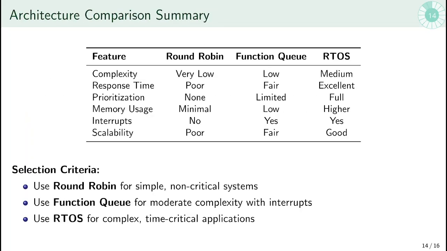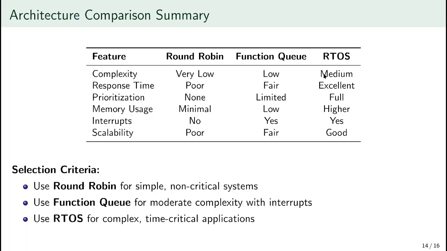So here is a comparison of architectures. Round robin is simple, low memory, slow response. In case of function queue, it's a better response, but prioritization is limited.